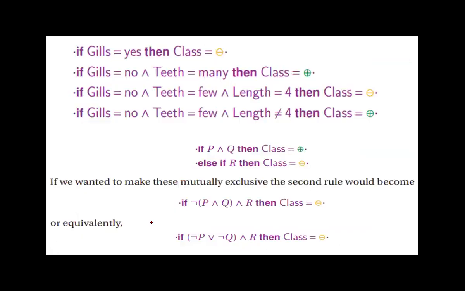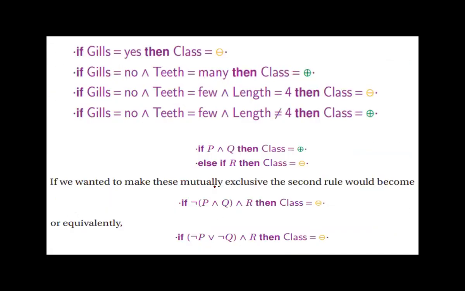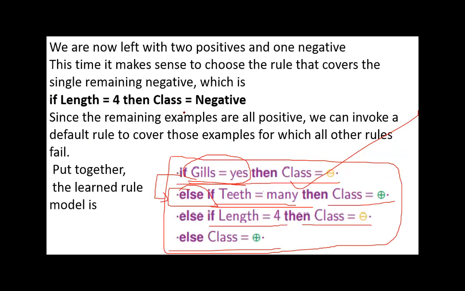Anyhow, a slight variation is written here. If gills is equal to yes, then class is equal to negative. This is the first rule. The second rule: there is no else part, my dear friends.